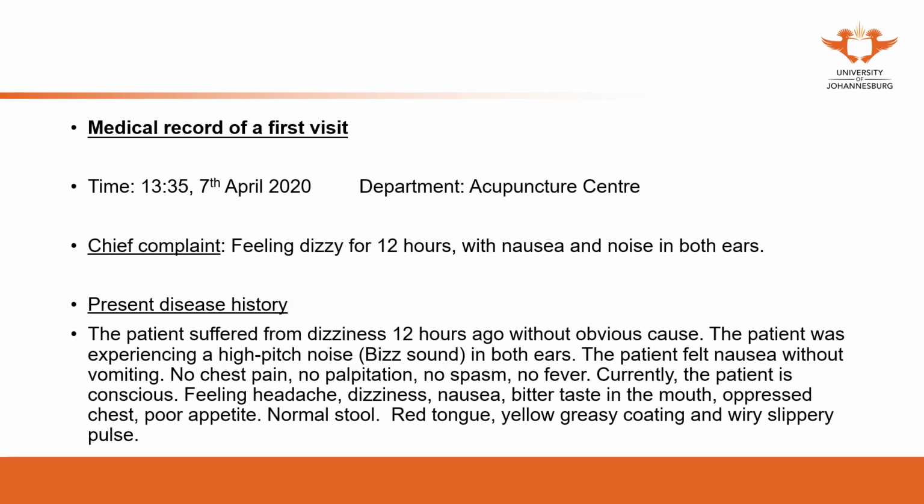For the present disease history, if you write here from 12 hours, we're going to start from 12 hours ago. If you say that the patient felt dizzy for 1 month, aggravated for 12 hours, we will start from 1 month ago, what happened to the patient, and then 12 hours ago, what happens?